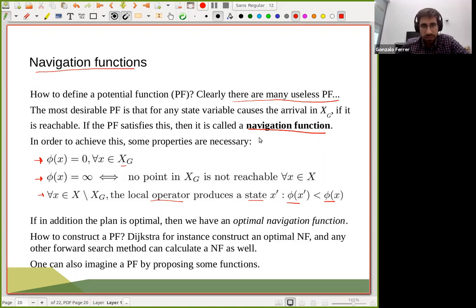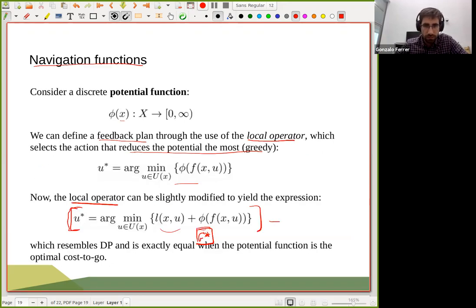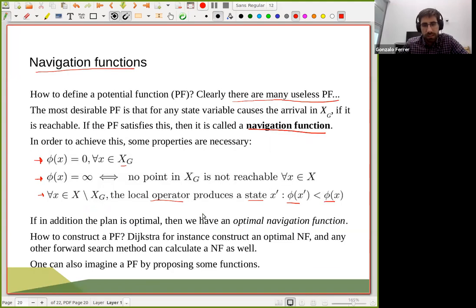Some of these potential functions are actually navigation functions, and then the idea is the simplest thing, same as before. You just have a policy that you calculate like this. You are given the potential, maybe because someone calculated it or because you have an analytic function or whatever it is, and then you are just applying the sequence of actions.